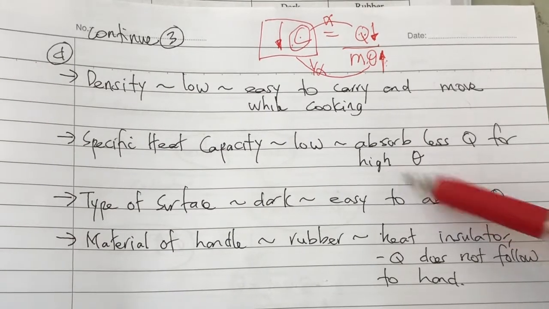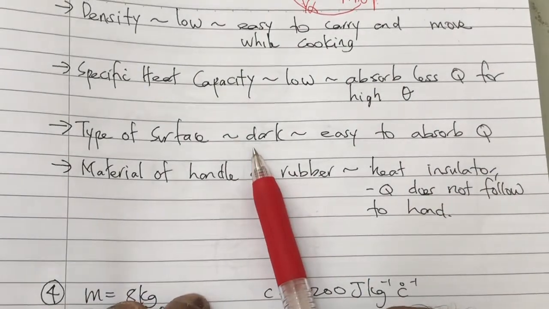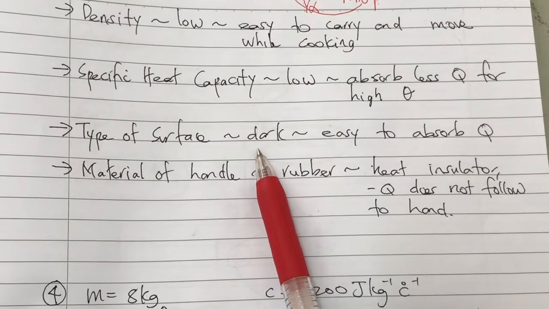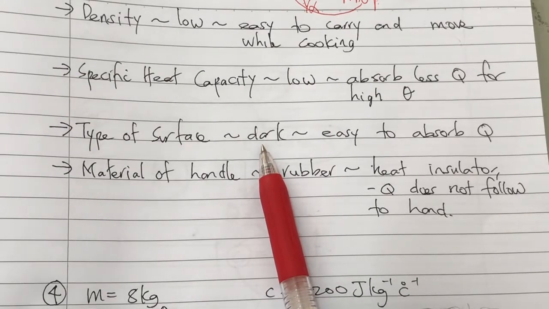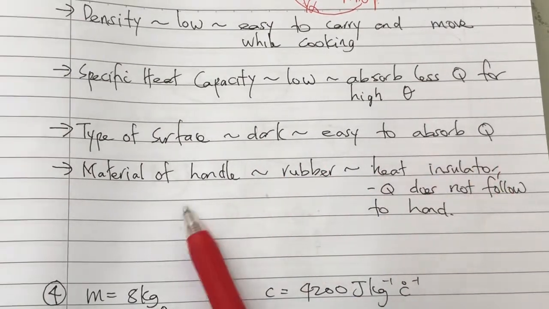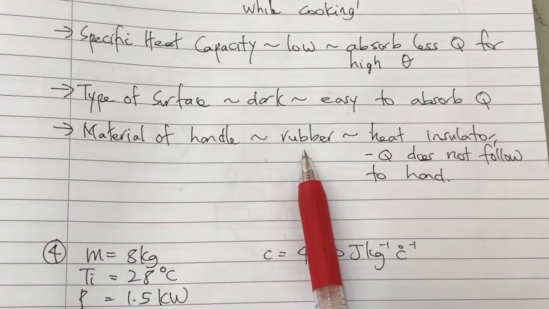It becomes hot faster. And the type of surface, of course, dark. This you learn in your Form 1, Form 2, Form 3 science. Because a dark surface is a good absorber of heat. So it is easy to absorb heat. And finally, the material of the handle, of course, must be an insulator.